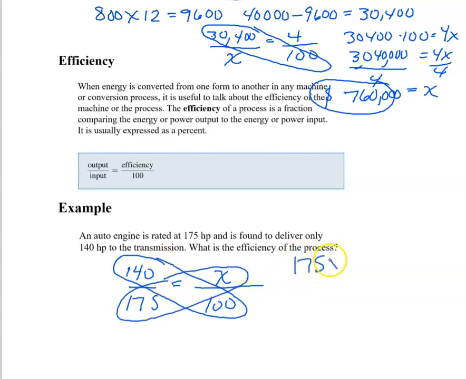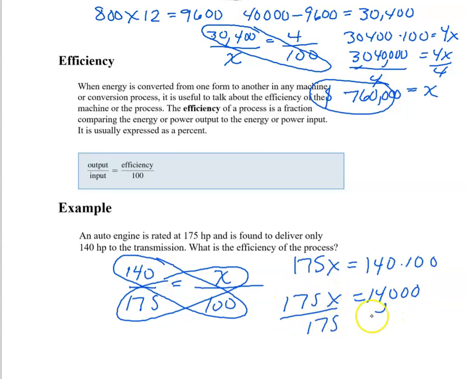We would get 175x is equal to 140 times 100. And we're going to divide by 175 on both sides. And so 14,000 divided by 175 is going to give us 80. So it's actually 80% efficient.